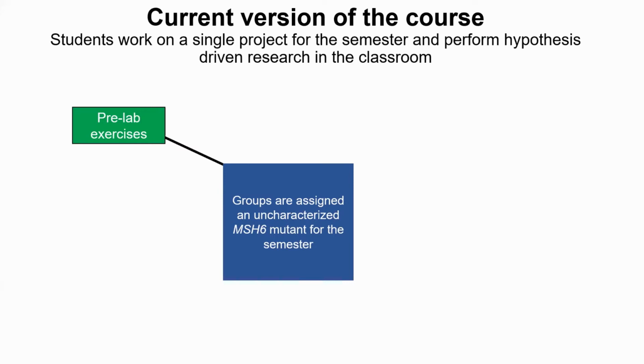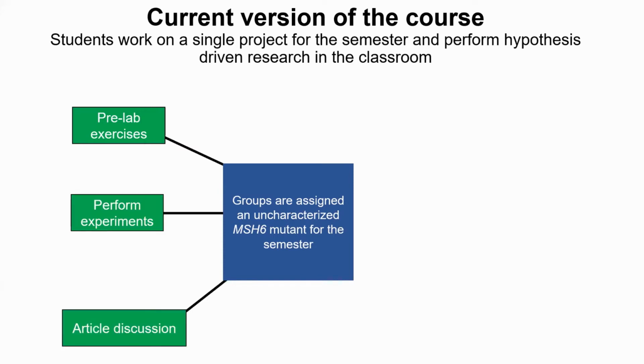If you teach lab, we all know we hate when they show up and don't know what they're doing at all. They perform experiments in the lab. They also discuss primary research articles. The small thing, which I still feel like is a big thing, is hard to call small because it's a big thing with a lot of work.